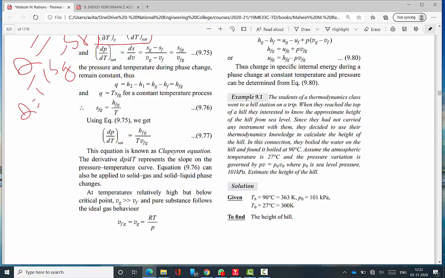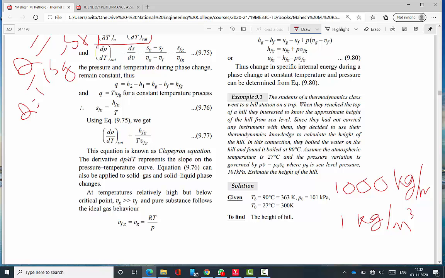For example, the density of water is 1000 kilogram per meter cube, and the density of steam is 1 kilogram per meter cube, which means steam occupies 1000 times the volume of the liquid. Therefore, the gaseous volume is much greater than the liquid volume.